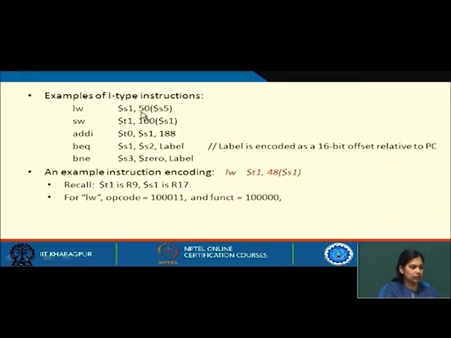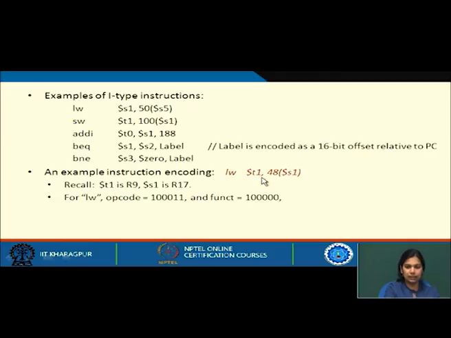Load word. From the memory location 50 plus register $5, it will load that particular word into here. All these types of instructions are I type instructions. So, let us see this example: load word $T1, 48($S1). What is T1?